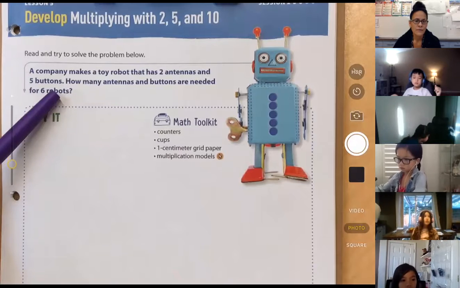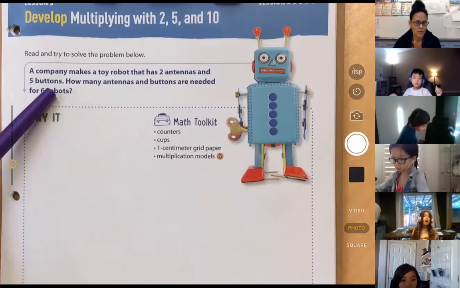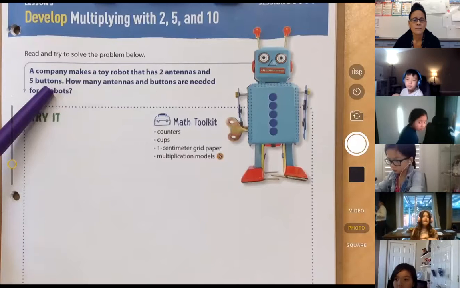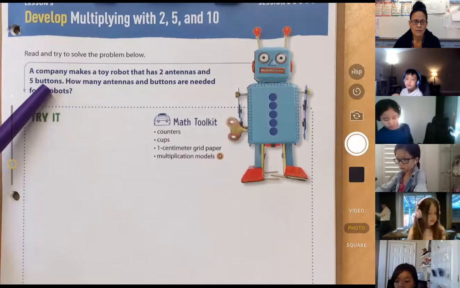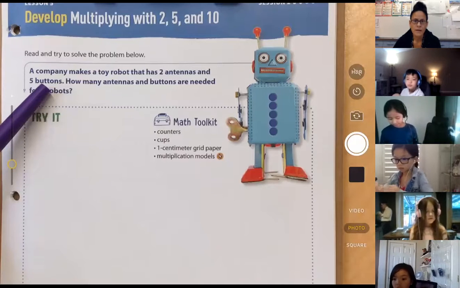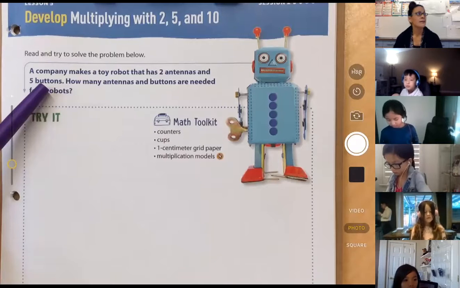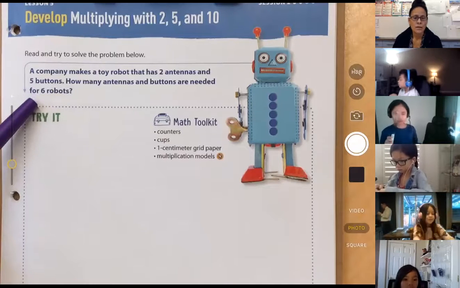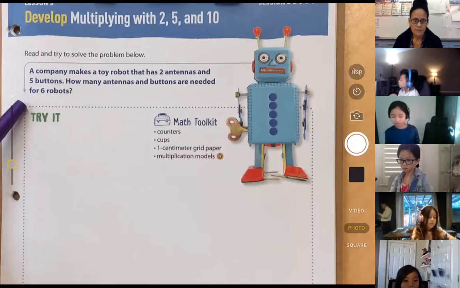There are a number of different ways that you could approach this. A really awesome strategy, of course, is to build models. But please see that in this question, you have a number of things going on.